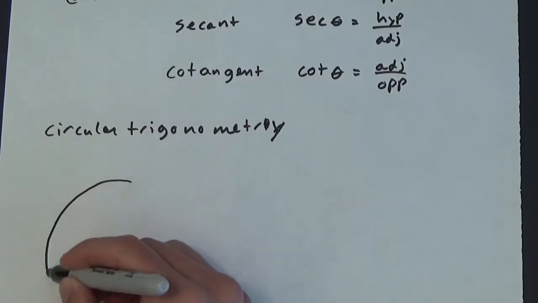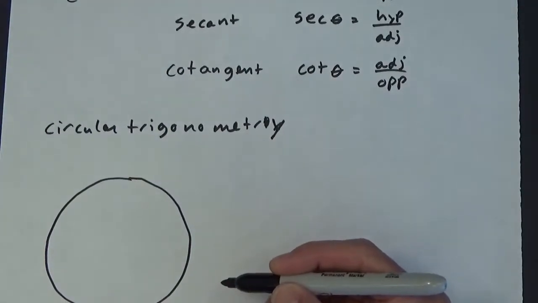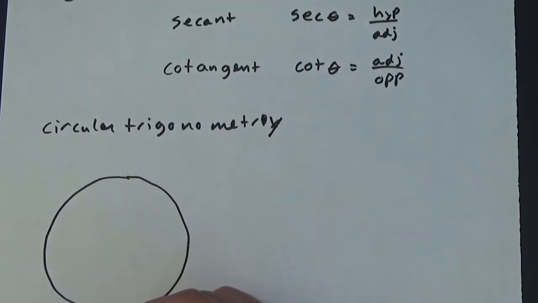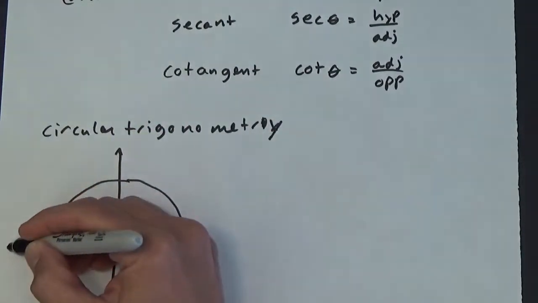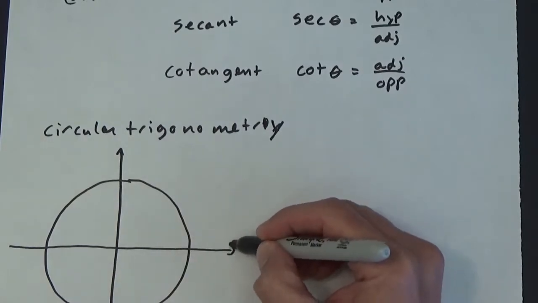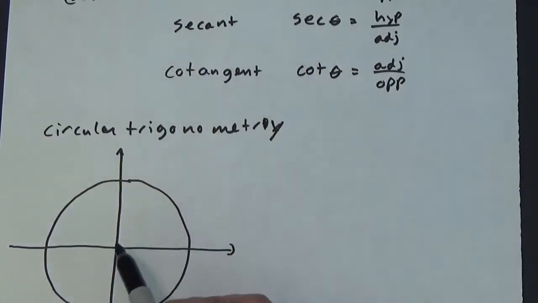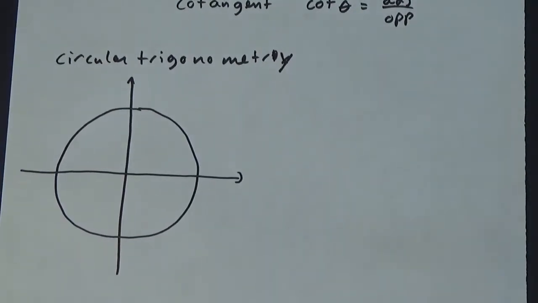Of course, we need a circle. So there's my circle. And then within this circle, we're going to put in an x and y axis. Now, of course, we're going to put in this x and y axis with the idea that the center of that circle is going to be at the origin.